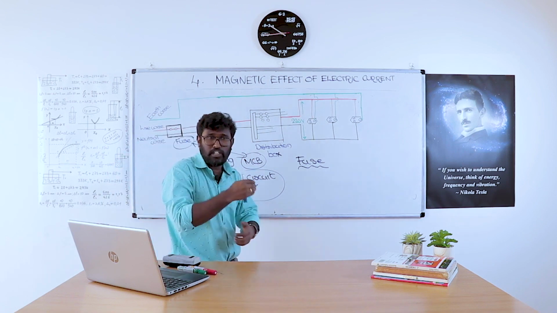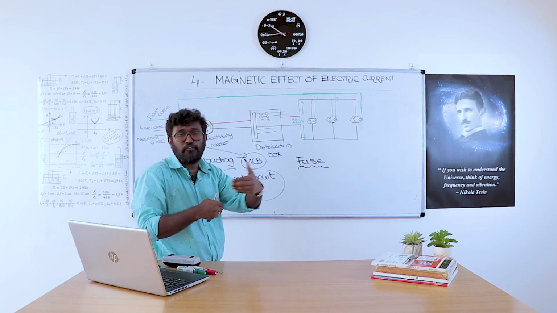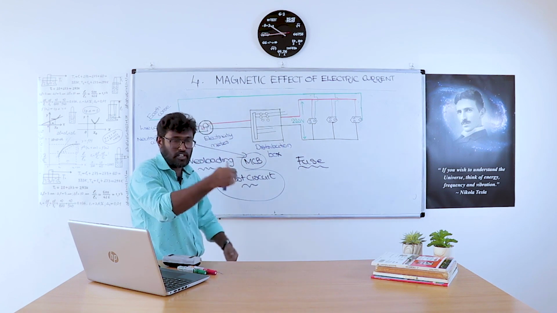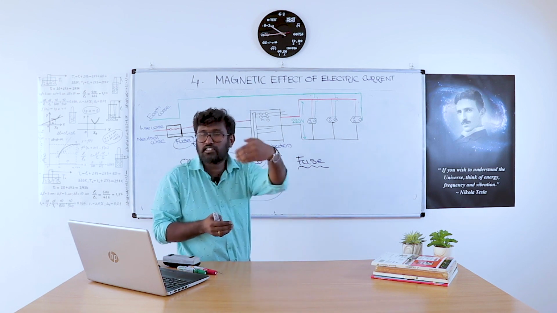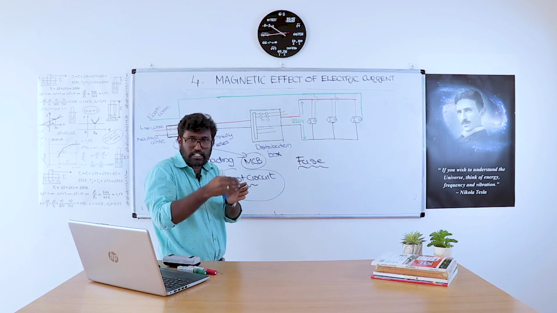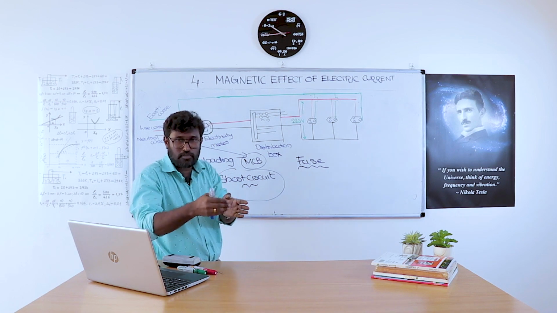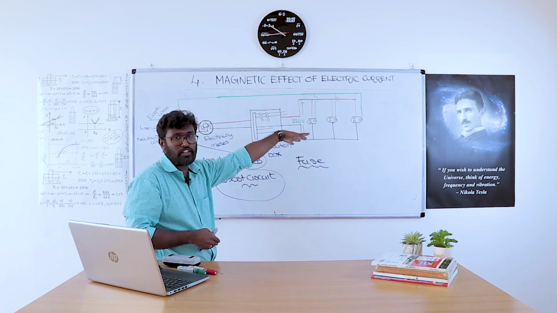From short circuiting and the excess current passing through the appliances, the circuit is protected with a fuse. The fuse consists of a fuse wire with a low melting point. Whenever excess current passes through the fuse, due to the low melting point of the fuse wire, it breaks immediately and stops the current from passing through the electricity meter, distribution box, and all the appliances.